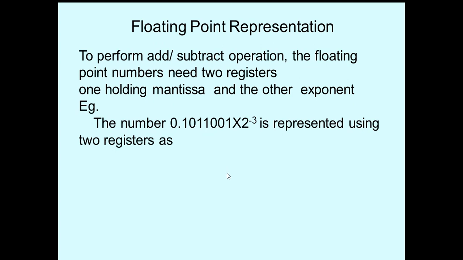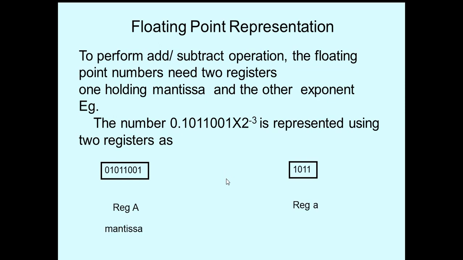See this example. The binary number is 0.10110001 times 2 power minus 3.